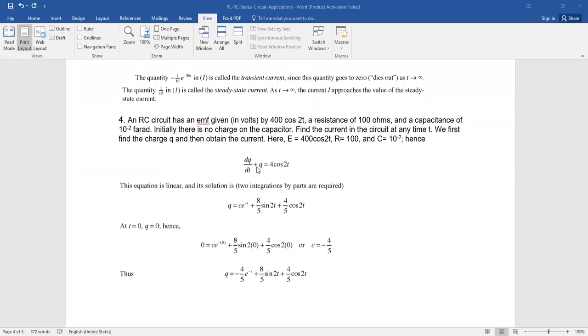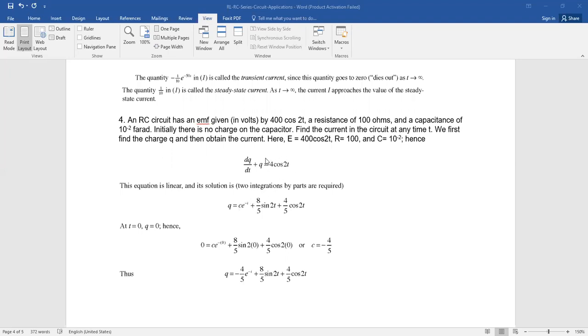It's easy in this case because your P of t here is just 1. So if you take e raised to the integral of P of t dt, your integrating factor will be e raised to negative t.